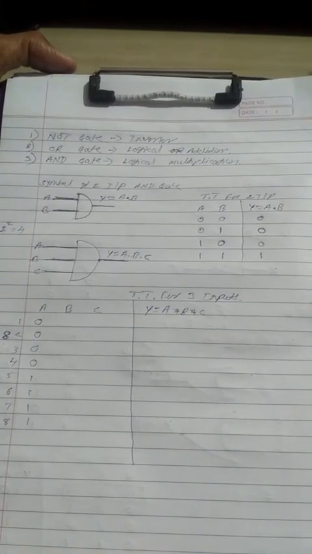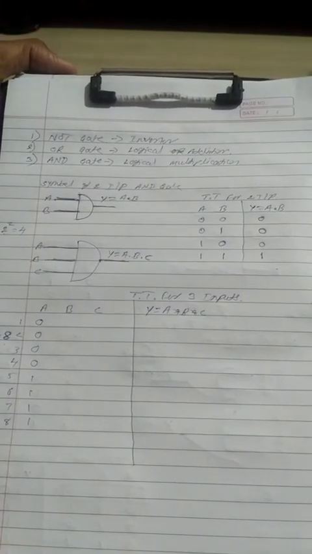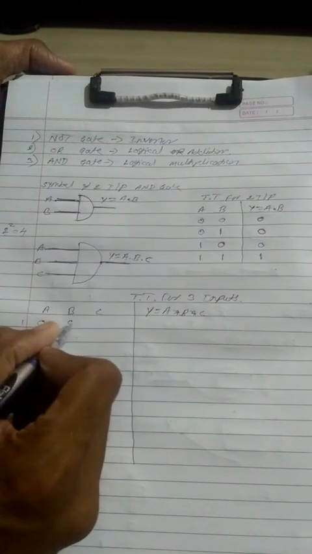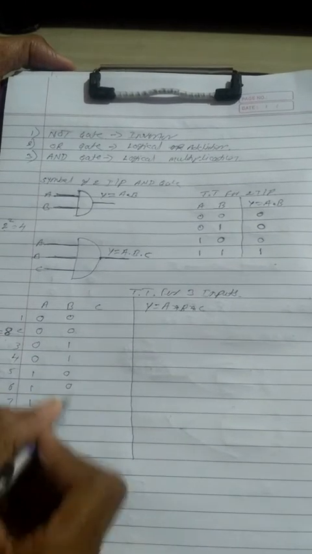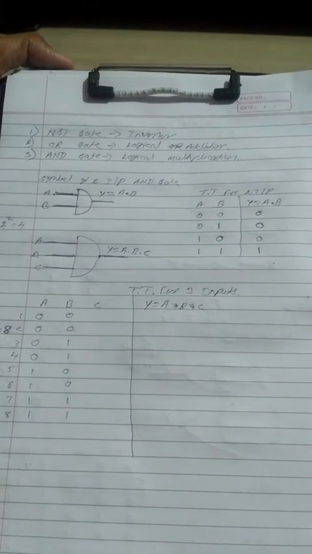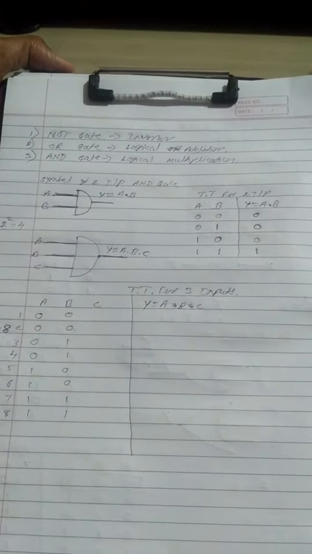For the second input, that is B, you have to take 2 zeros, 2 ones, 2 zeros, 2 ones, like that.